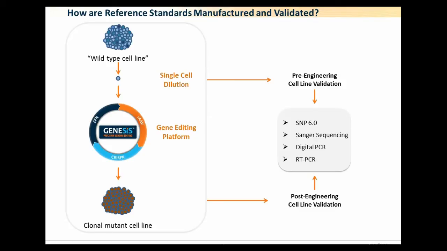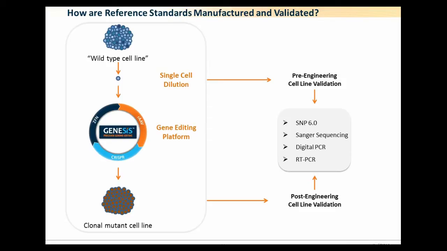So how do we actually manufacture our reference standards? At Horizon, we have developed a library of over 550 genetically defined cell lines, harboring mutations that are found in cancer patients, and we also generate the control cell lines that have the same genetic background.